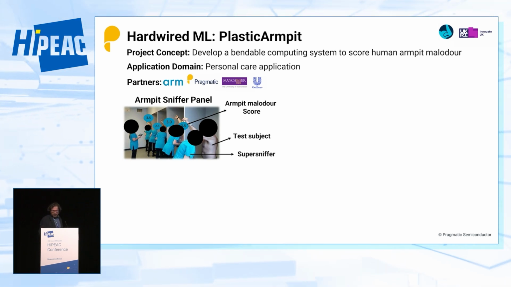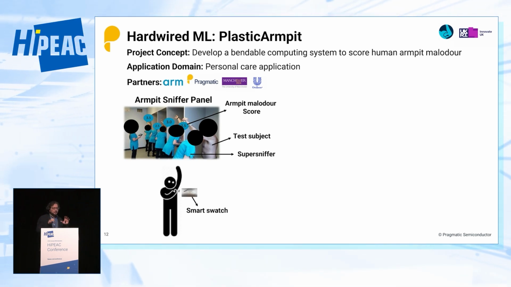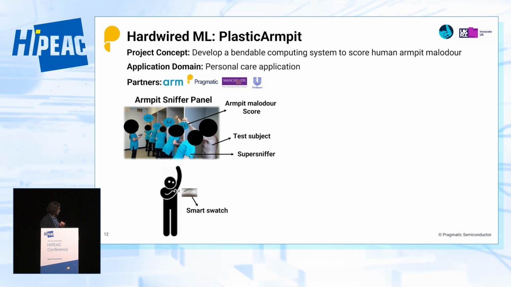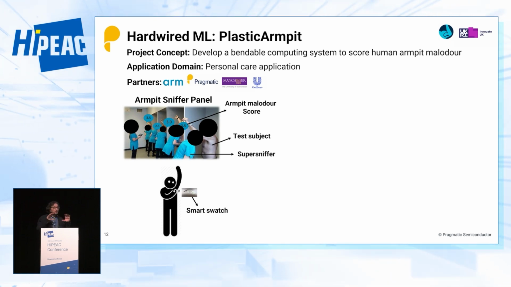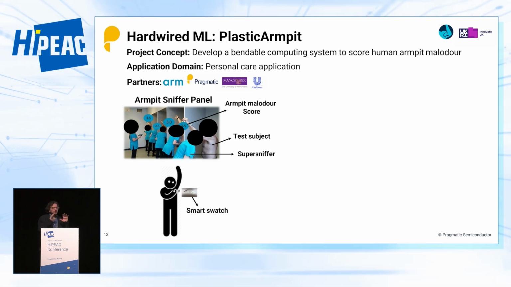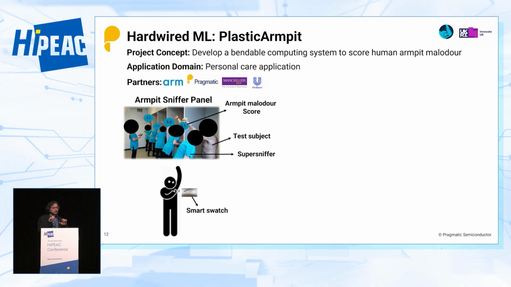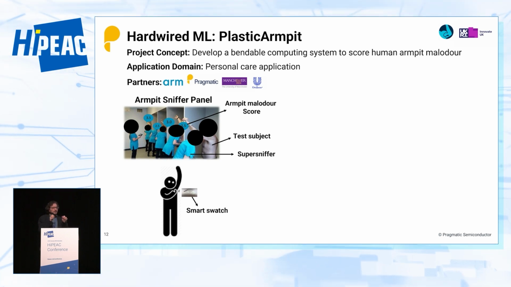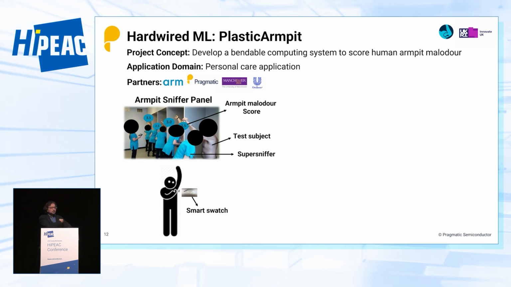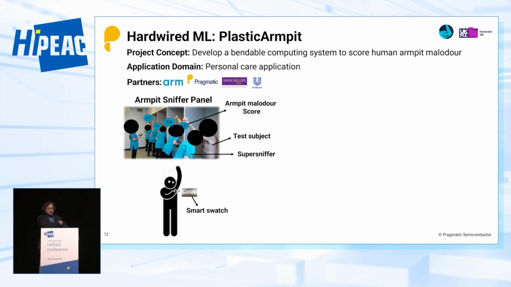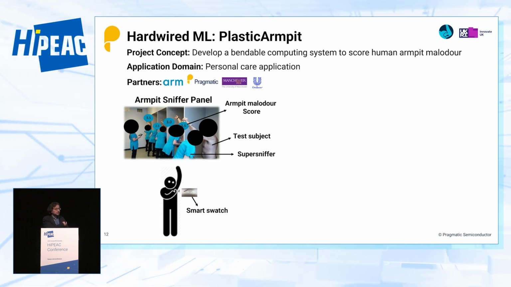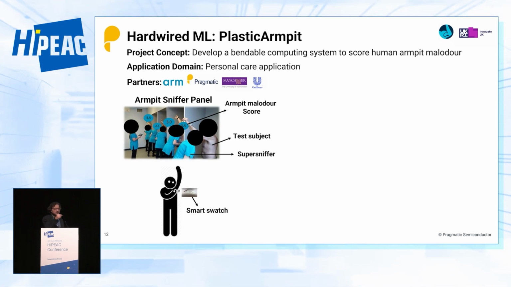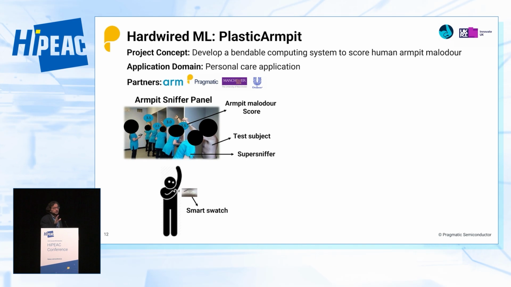So the idea was, can we build a smart swatch consisting of some flexible electronic bits, with conformability and extreme thinness. It goes under the armpit of the test subject, and then it displays the score. This was the idea.